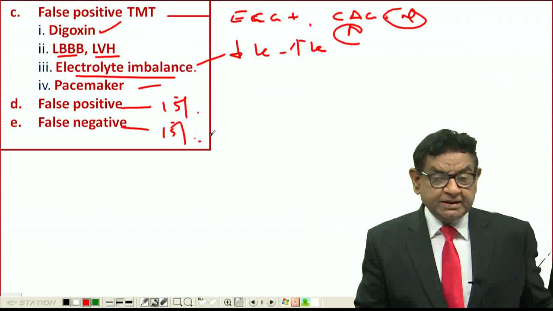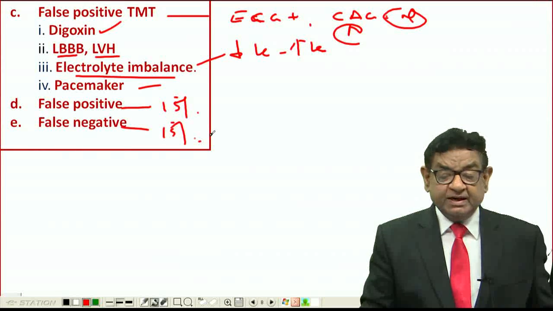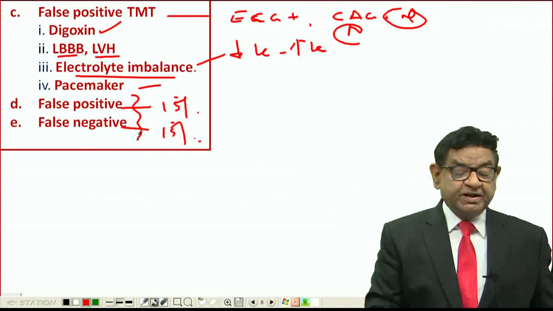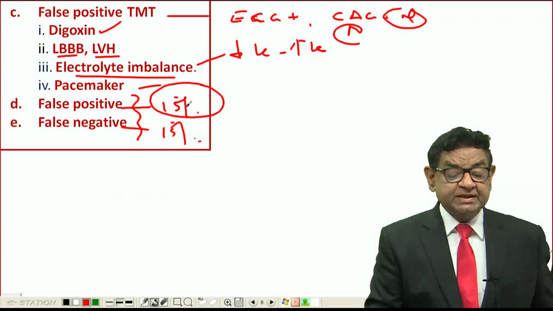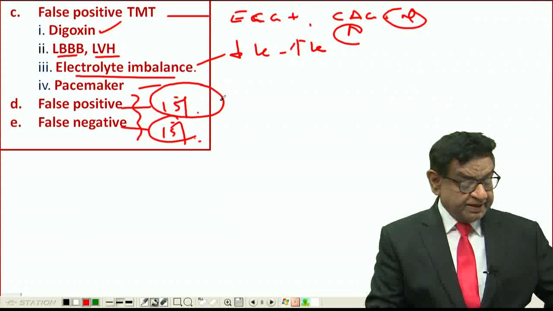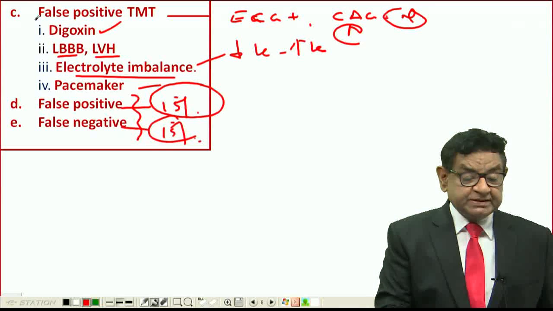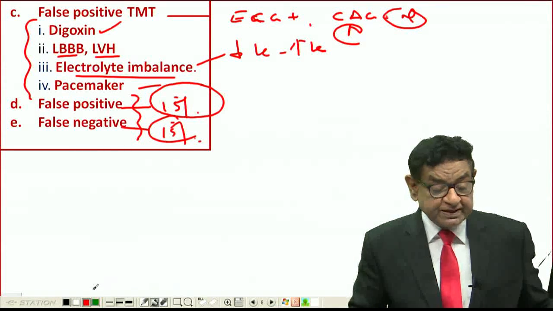That means the patient has coronary artery disease, but still TMT may be negative in 15% cases. So two extra things we learned: even in a normal population, false positive in 15% cases and false negative in 15% cases. So we have a set of conditions where we may get false positive and false negative.